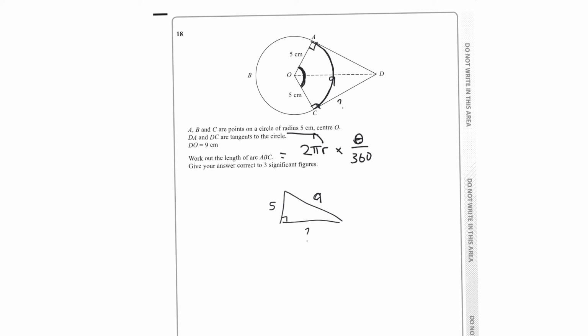So in order to work out what the angle is, by splitting it up into the two right angles, we can rub that out. By working out what the angle here is, x, we can definitely work out the other angle because they're the same. So we call that x. So we've got angles, we've got lengths. So to work out what x is, we can use SOH CAH TOA.